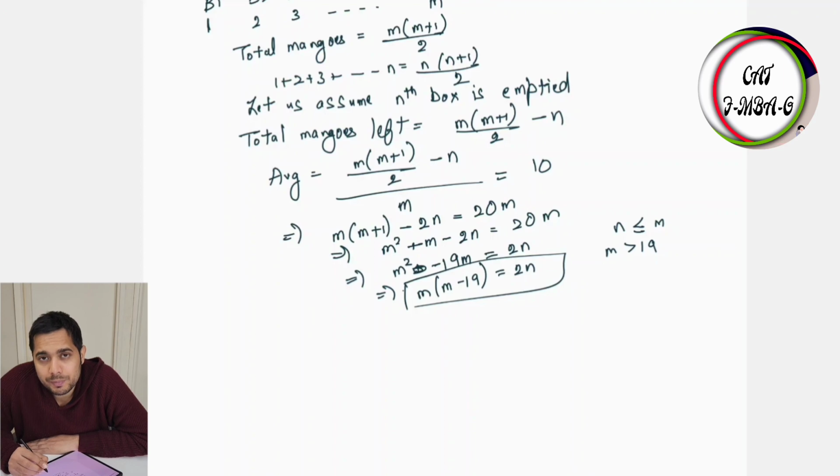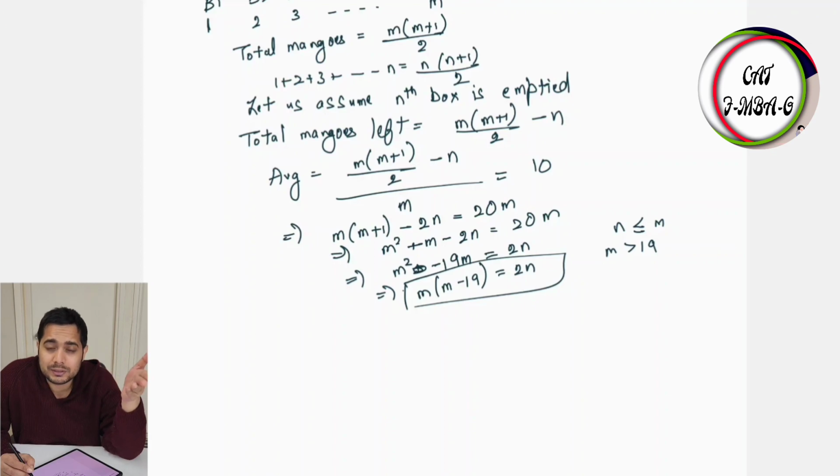Why m should be greater than 19? Because if m is equal to 19, then this equation becomes 0, n becomes 0. So zeroth box is not there. Okay. And if m is less than 19, then n becomes negative. The number of box or the number of mangoes cannot be negative. So this equation holds.